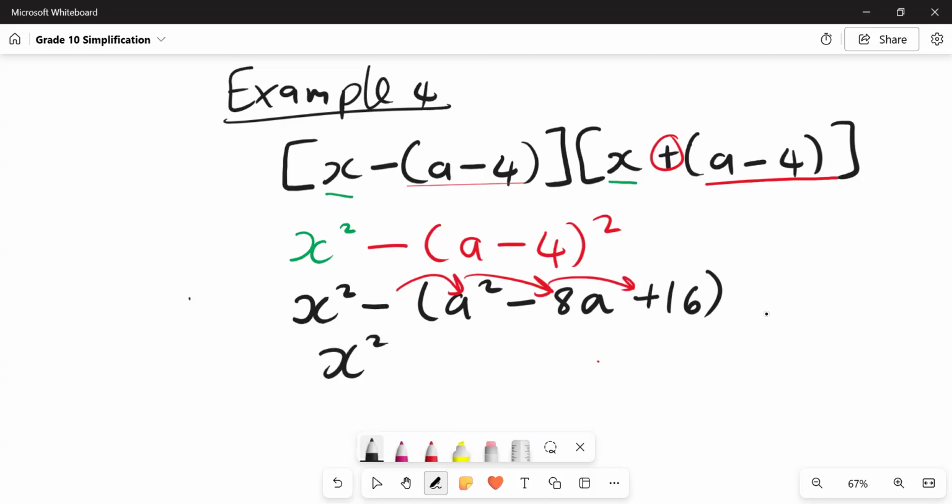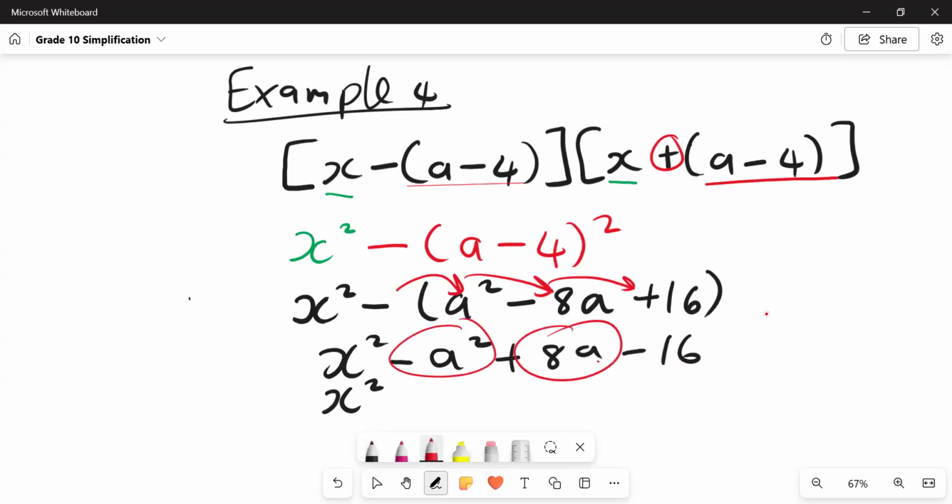So now we have your minus a squared plus 8a and minus 16, right? Now, my favorite part of the question is to collect the like terms. Minus a plus 8, that's plus 7a, and then minus 16.